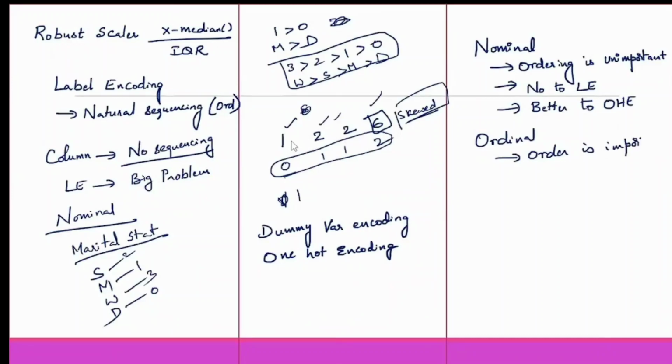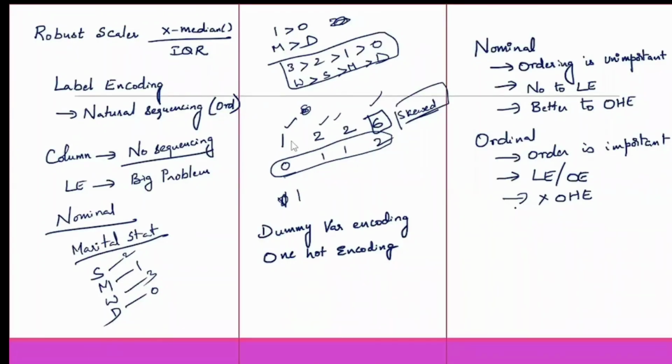Right? So in this case, you can very well apply either a label encoding, or there is also something called ordinal encoding. Now here, don't try one-hot encoding in this case, because I'll talk about one-hot encoding now.